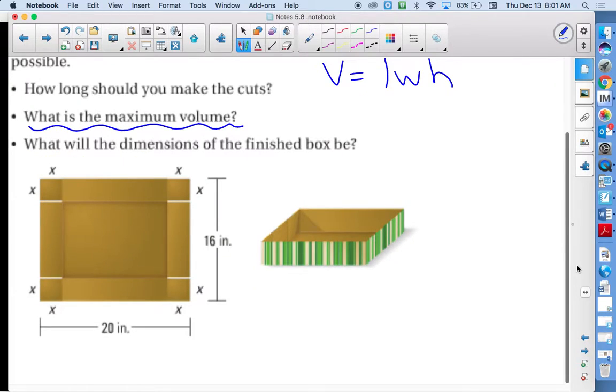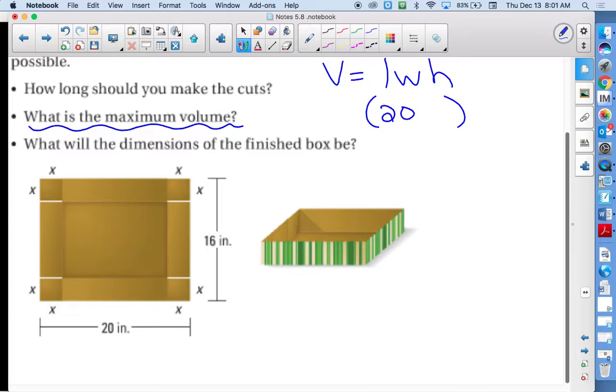I have this 20 inches down here. So the whole piece of cardboard currently is 20 inches. But we have to fold up each side so that we have sides of a box, because right now it's just a flat piece of cardboard. And we're going to fold up the left side and we're going to fold up the right side. So the inside length is no longer going to be 20.